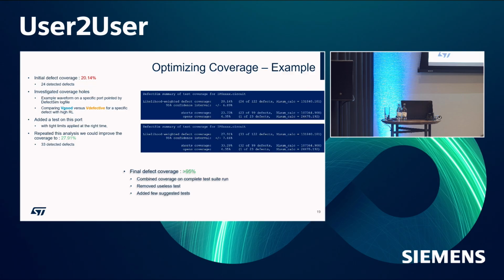As a final result of our trial, we reached more than 95%. It is the slide I presented before. More than 95% analog coverage, which is impressive, starting from a single test at 20%, with a full suite of tests reaching not all of the device under test, but close enough.